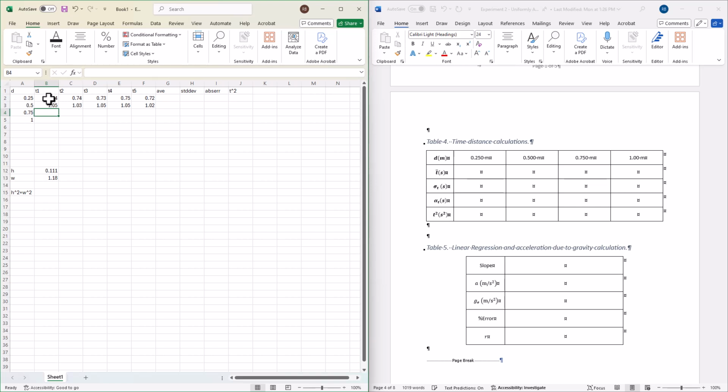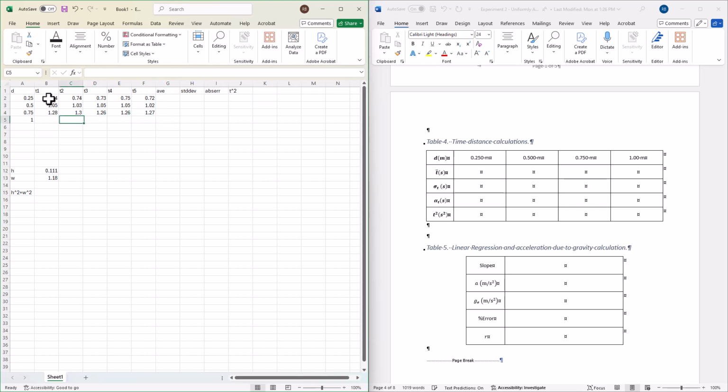Now for 0.75, I have 1.28, 1.30, 1.26, 1.26, 1.27.